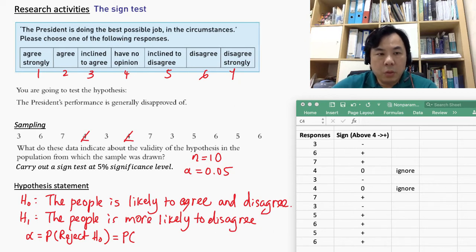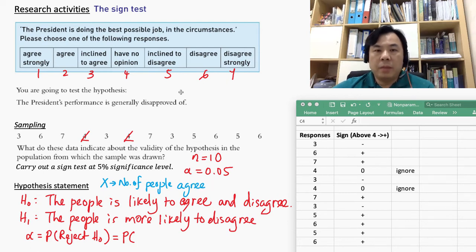Now to do that, before we write down the actual probability, here we are going to do a label. We're going to write down X represents, here I just make it short, number of people who agree with the statement there, right?